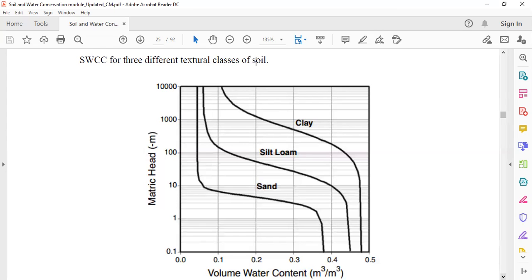But the calculations and everything else it will do. So you just need to know the principle.